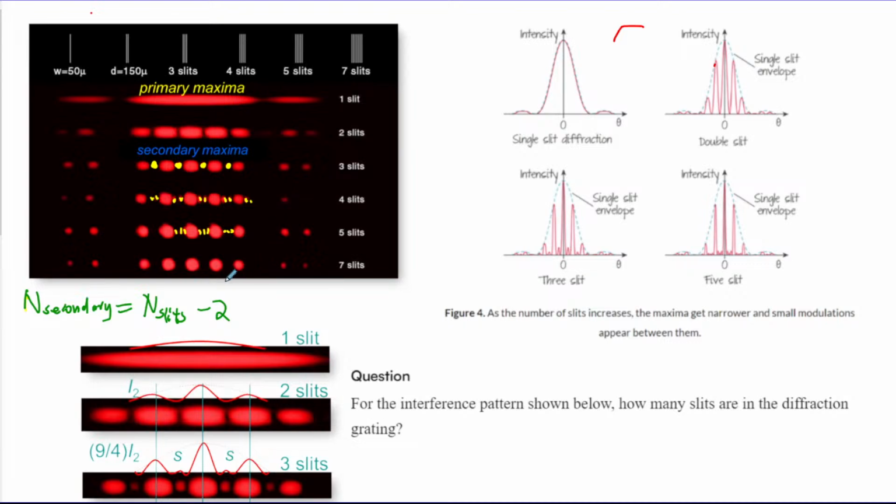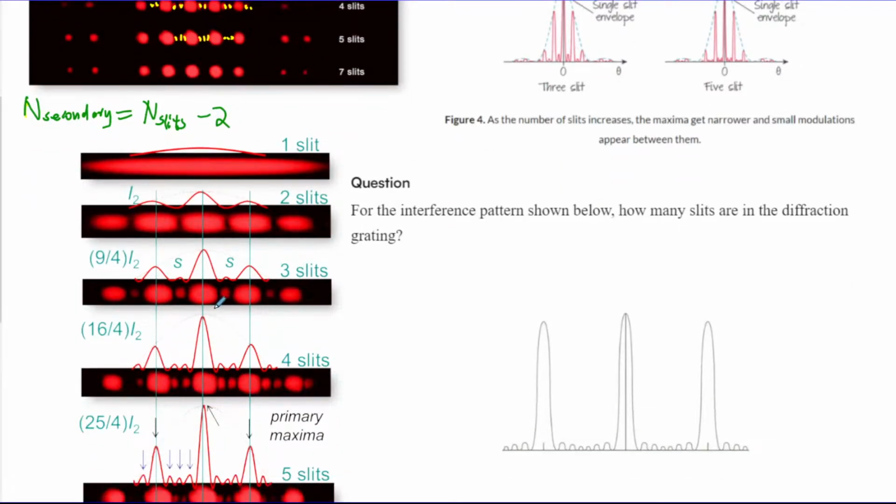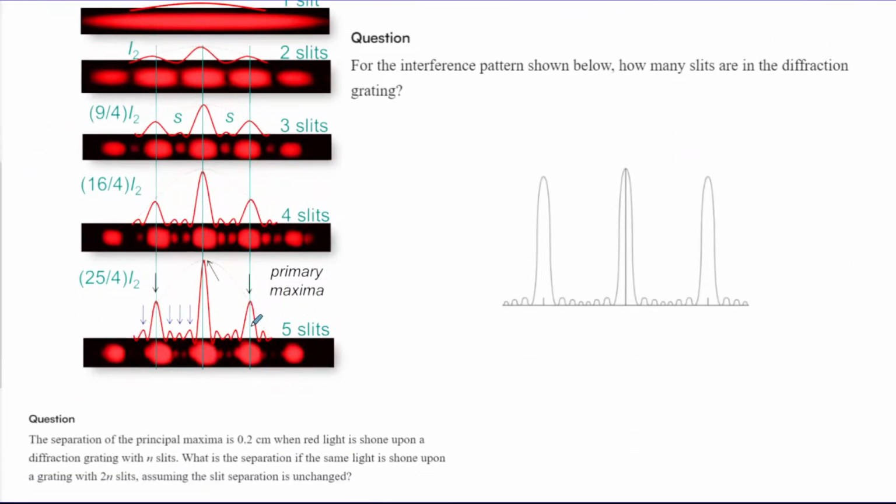In the double slit, what you see is that the primary or principal maxima gets narrower and narrower. It's still enveloped in the single slit effect, right? They become narrower, which means they become more and more clear, and you introduce a number of secondary ones, like these.